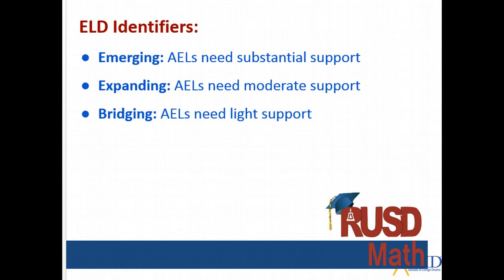So in our district, and for the academic English learners in our math classes, we believe the focus should be on the content of what they are saying rather than the grammatical structure of how they are saying it. But again, remember in our focus lesson, we had those sentence frames, and sentence frames provide an excellent opportunity for AELs to practice the grammatical structure and to use the academic language in context.